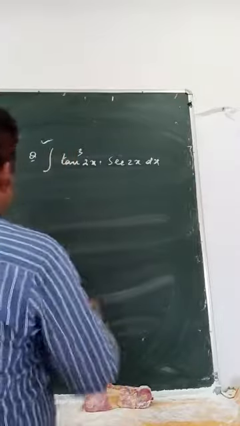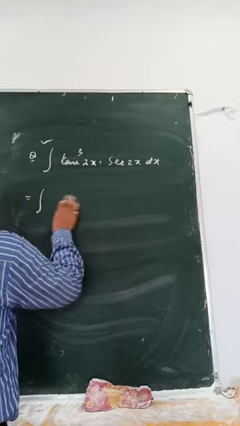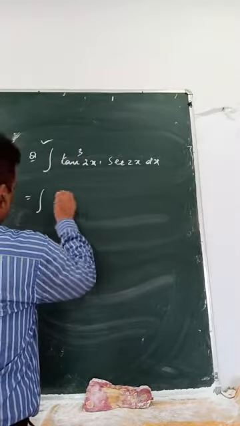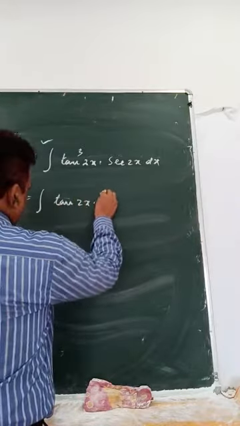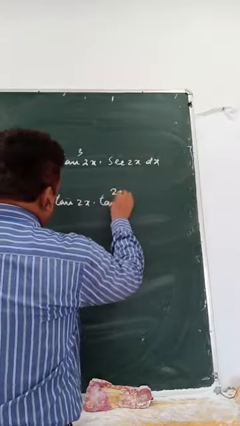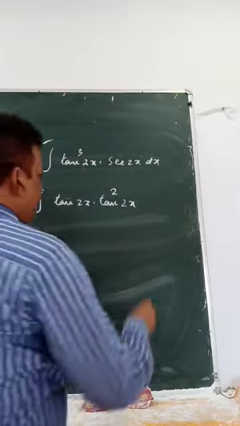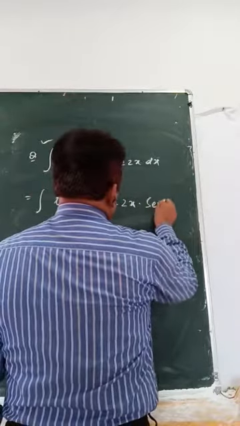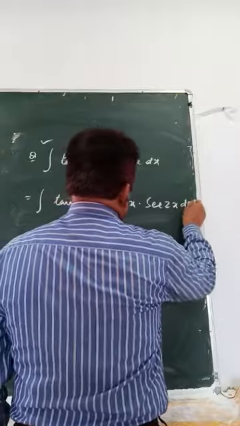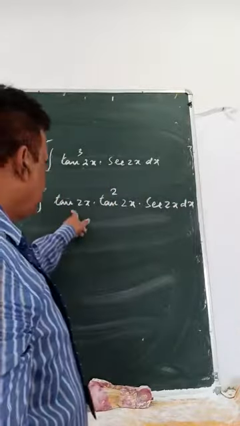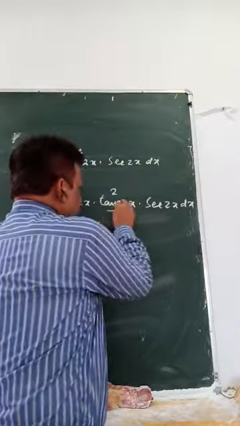So, one step I am writing for you. Can I write tan 2x, tan square 2x, I have split this one. Then sec 2x dx. So when I split, why? Now I can use a formula here.